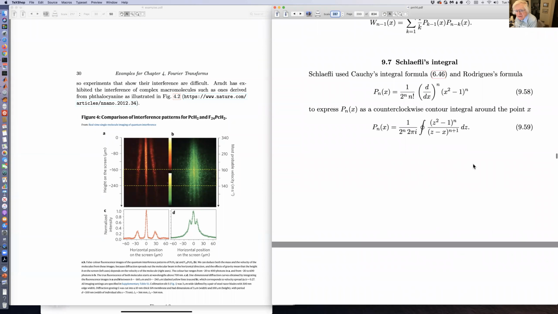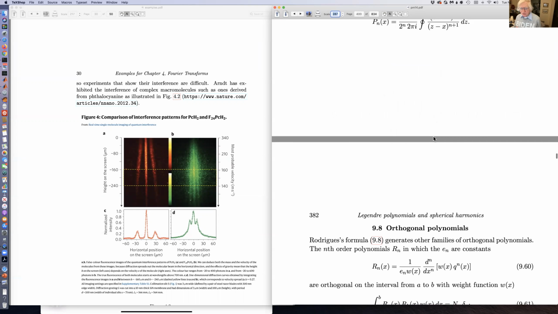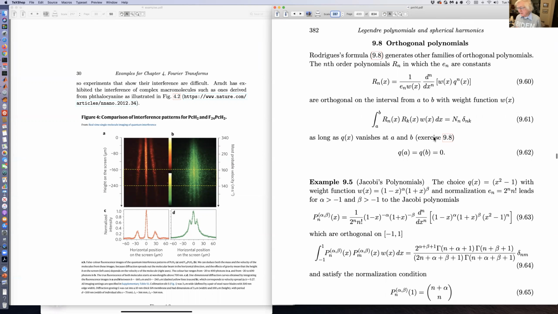Schläfli had used Cauchy's integral formula and Rodriguez's formula to write the nth Legendre polynomial as this integral. And Rodriguez's formula can also be used to generate other families of orthogonal polynomials.